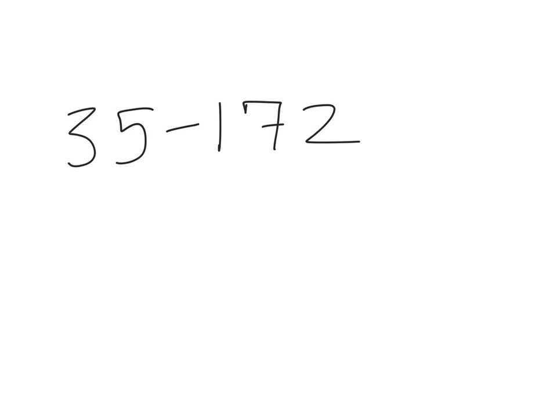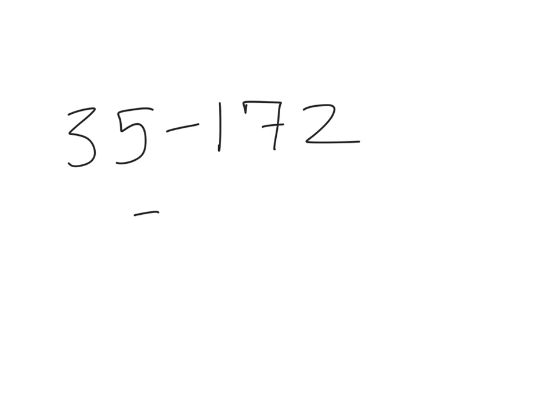Good. So if I gave you a problem like, I don't know, 135 minus 172. That's a negative number, right? An easier way to write this would be to write it vertically because we know we're going to have to borrow, right? So, please stop talking.